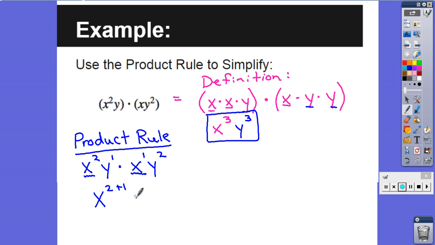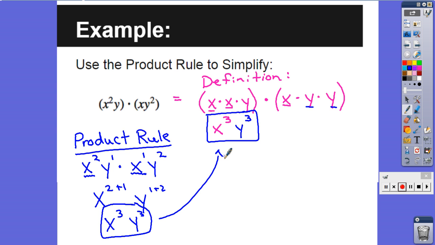And I can do then the same thing with my y's. My y exponent here would be a 1 plus a 2. And when I simplify that, I get x to the third, y to the third. And sure enough, that's the exact same thing that we got up here when we used our definition. And so that's why the rule works.